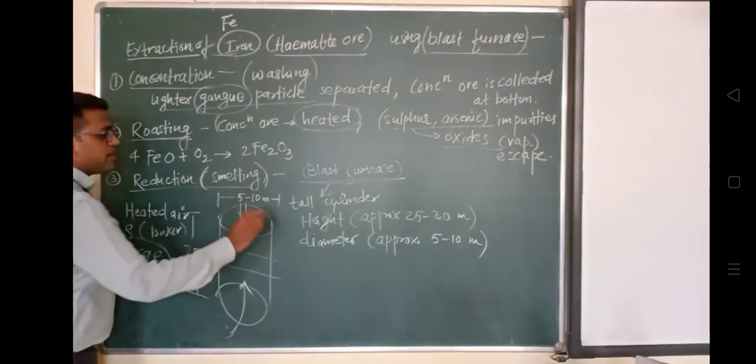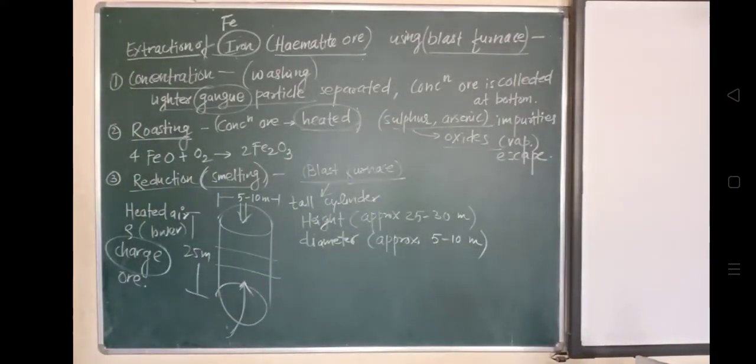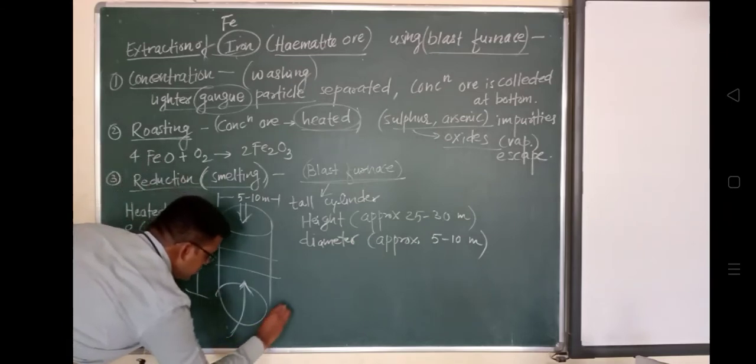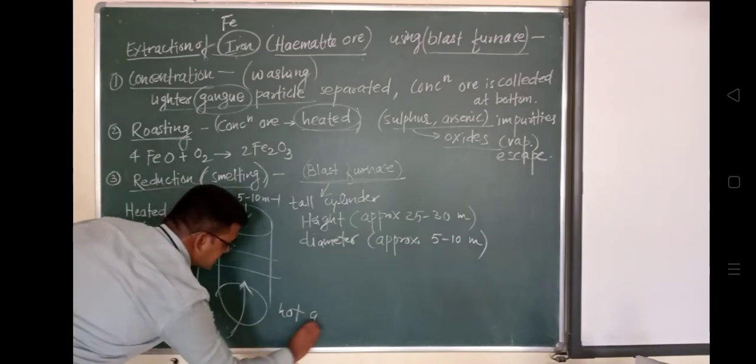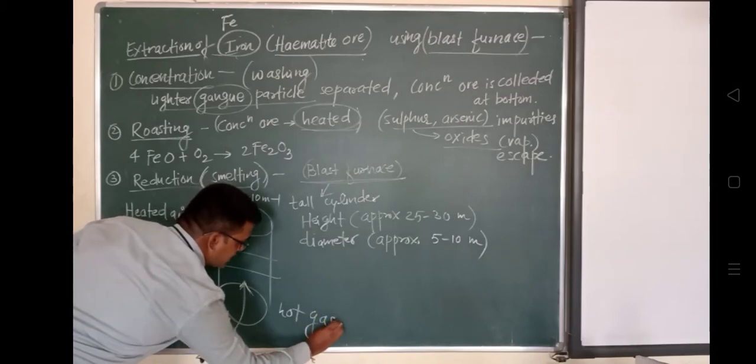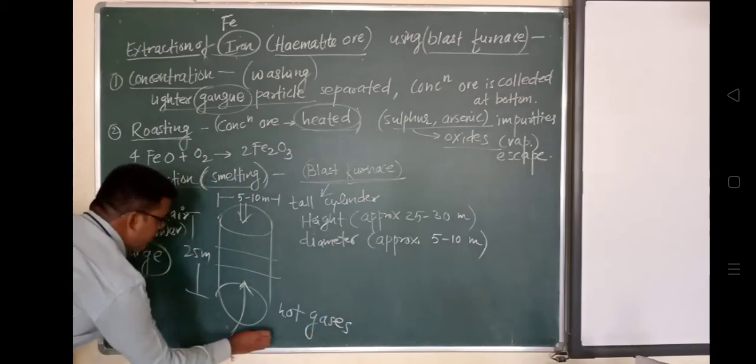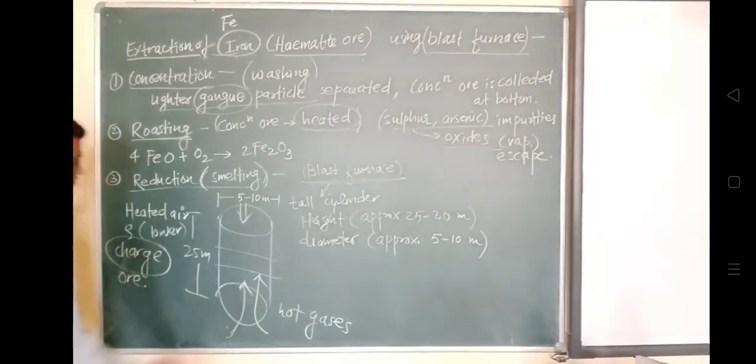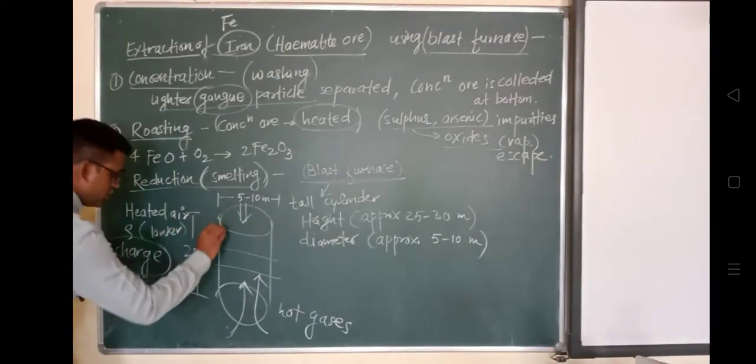Now we'll understand this. Hot gases move up the tower. Let me show you a rough diagram here. These are the hot gases moving upward from this blast furnace. Consider this as a cylindrical blast furnace.